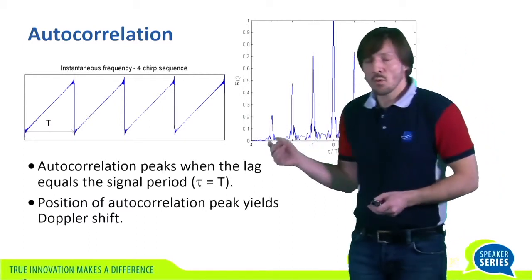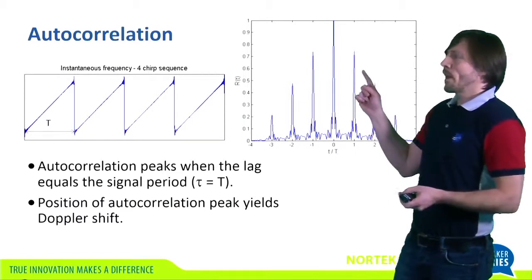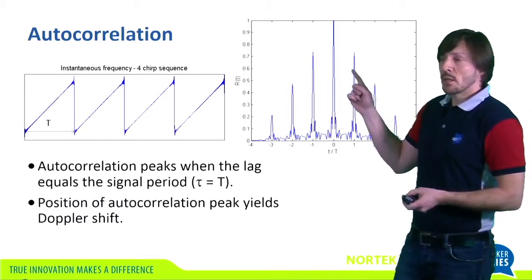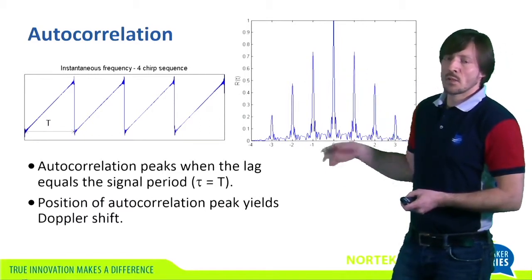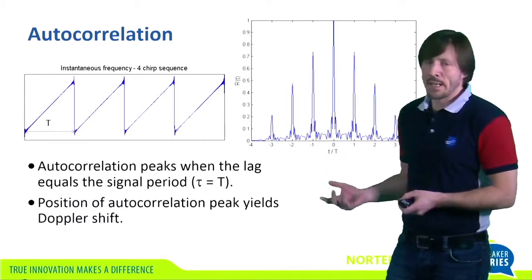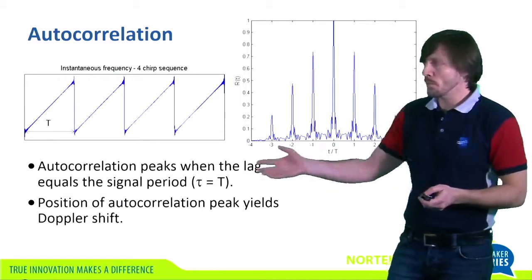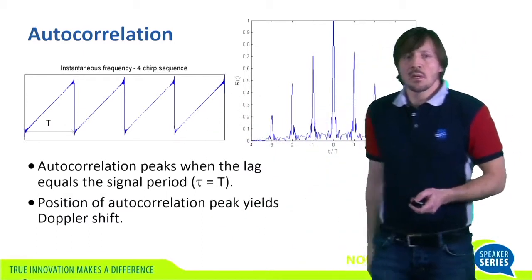I know what T was when I transmitted, and from finding the position of this peak, I will know what T is when I receive. The difference between those is the Doppler shift. That contains information about the velocity. And that's the all-important point from this.